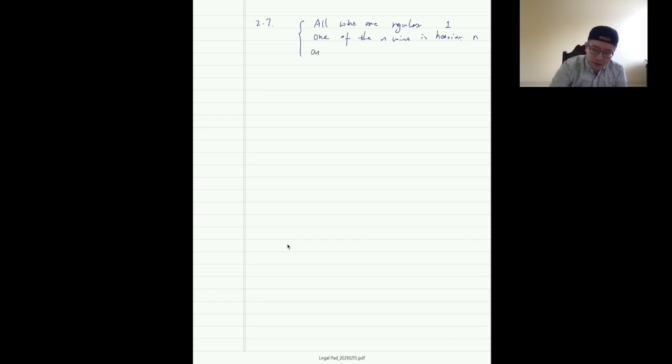And the third one is one of the n coins is lighter, right? And similarly, we have n cases in total. Okay, overall, right here, we have 2n plus 1 cases in total.